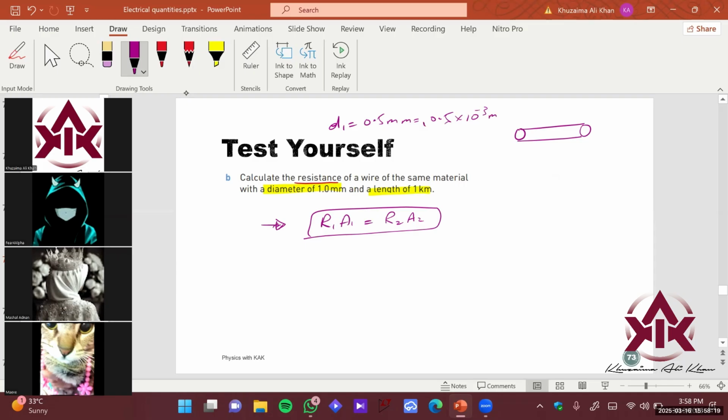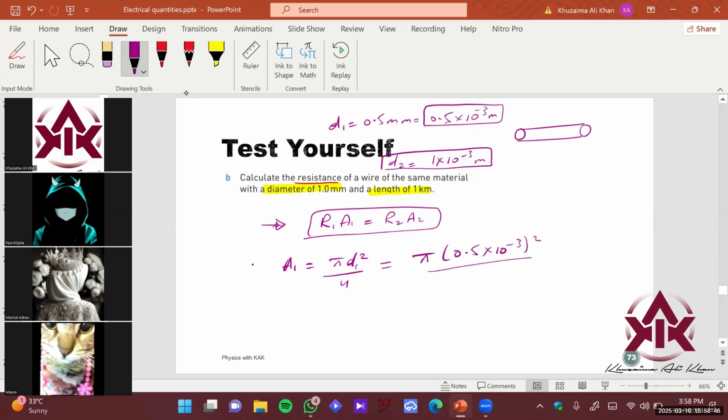Your new diameter is 1 millimeter, that is 1 exponent minus 3 meters. Area 1 in terms of diameter is pi d squared upon 4. Let's put in the values: pi into 0.5 exponent minus 3 whole square divided by 4.